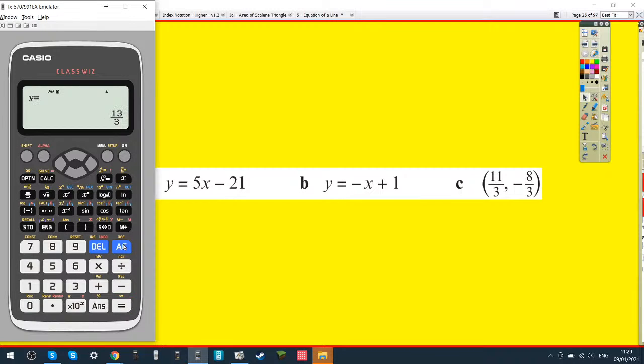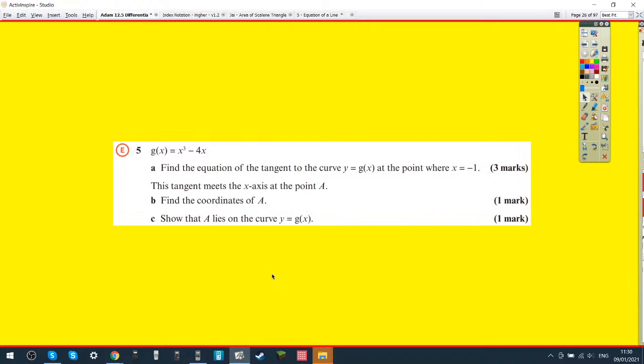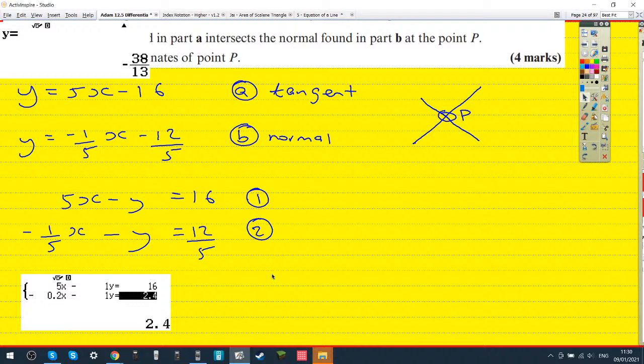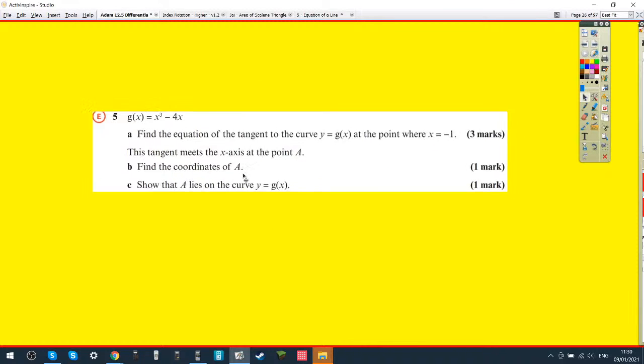So I'm getting minus 10 over 3 and 13 over 3. So they're just very confused. I don't even know what the question is for part C. I'm just assuming it's similar, but yeah, it's just the wrong answer. Best thing in the world you could have said is simultaneous equations. That just gave it the simplest, easiest way.